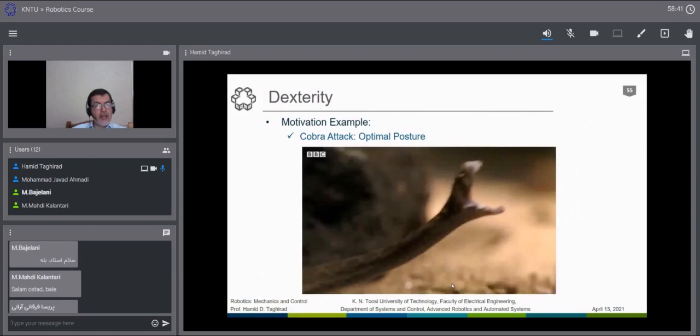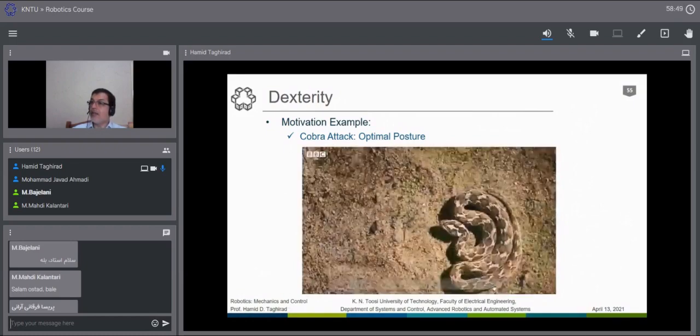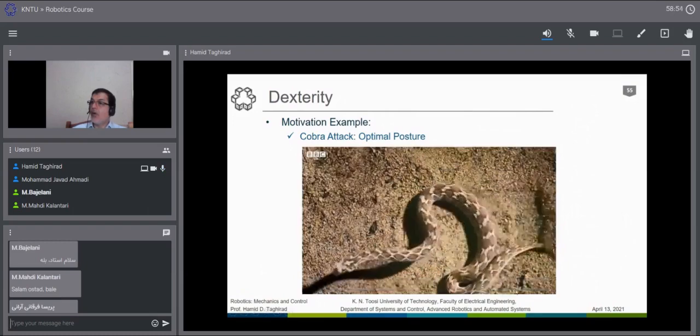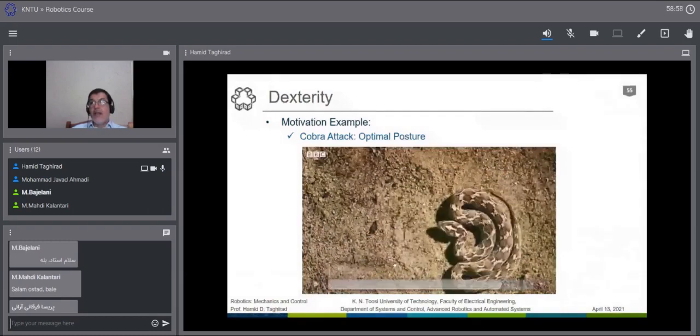Does it relate to anything about the Jacobian? Look at this top part again. Wow. We call this an optimal posture. It has a certain posture that can be optimally devised.